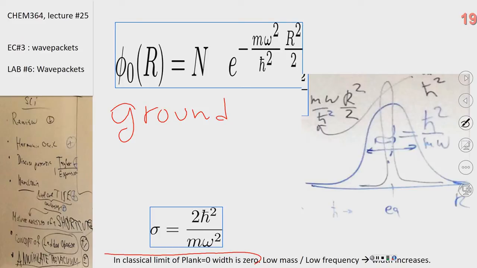And then if we make the mass smaller and smaller, so if you look at smaller particles, a proton will be maybe the best oscillating example. And we make the frequency smaller and smaller.